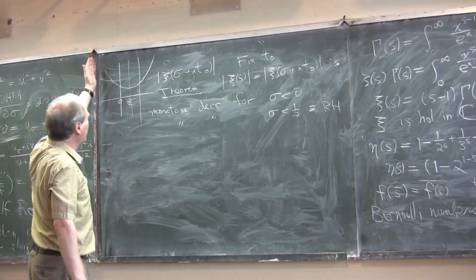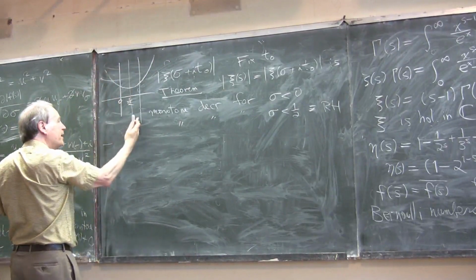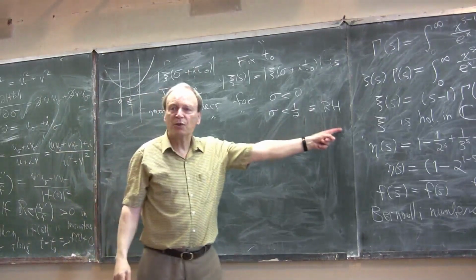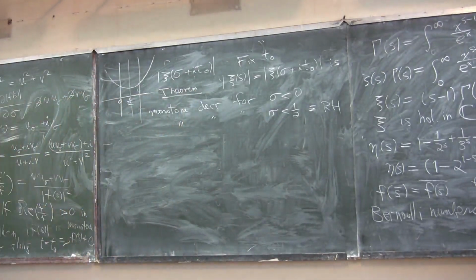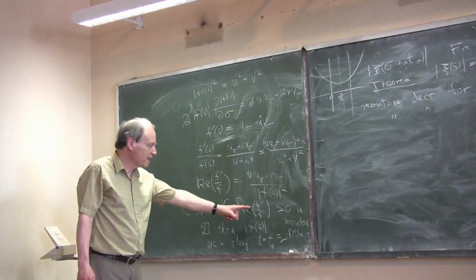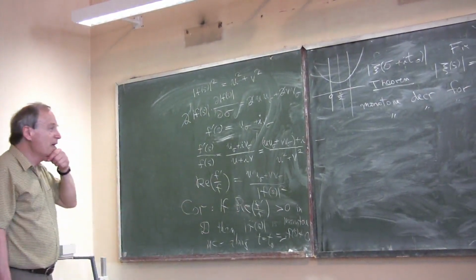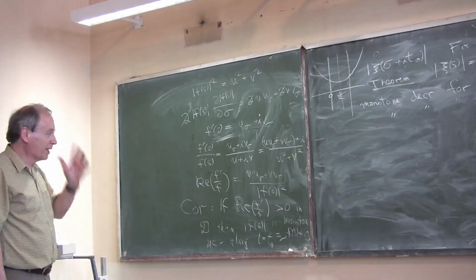If you want to extend that further to a slightly larger region up to the critical line, that will be equivalent to the Riemann hypothesis. And what I claim is, using this little result, we can prove it almost trivially. Now we need to use one other thing.